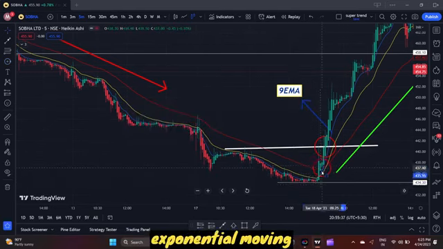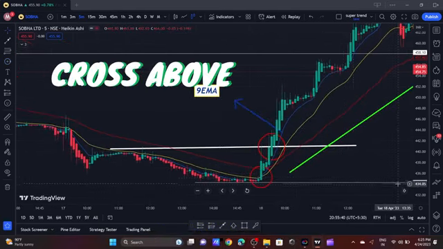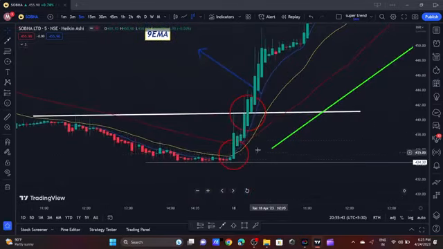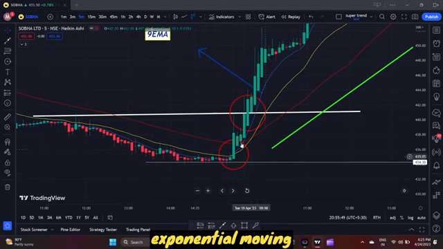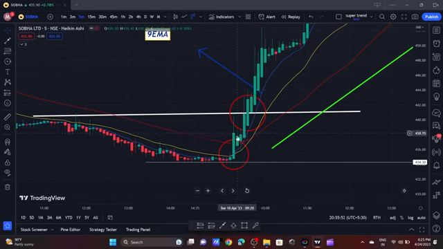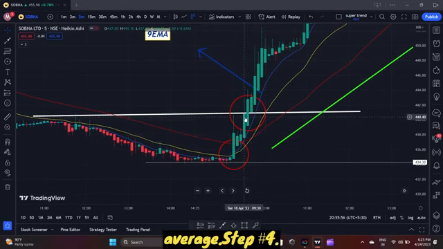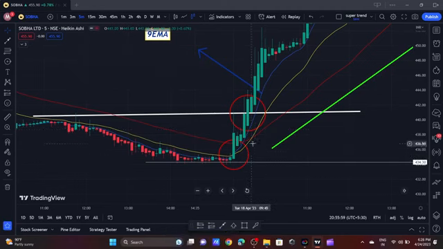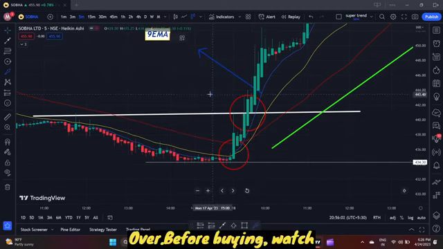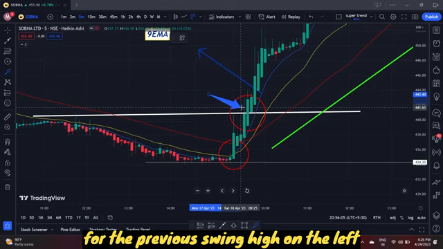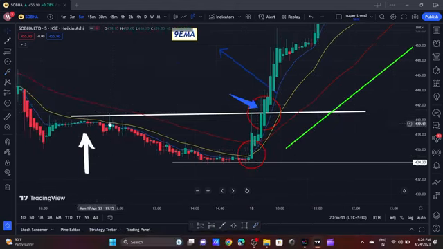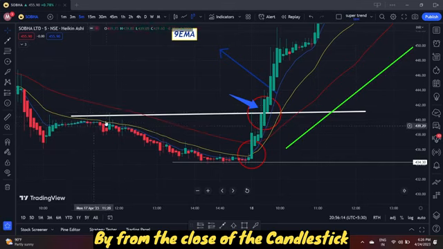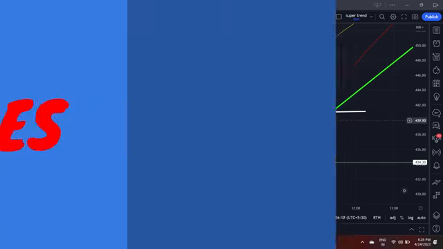Wait for the 21 exponential moving average to cross above also the 55 exponential moving average. That means the 9 and the 21 exponential moving averages must cross and be above the 55 exponential moving average. Step number 4. Before buying, watch for the previous swing high on the left side. We should only buy from the close of the candlestick that breaks the previous swing high.